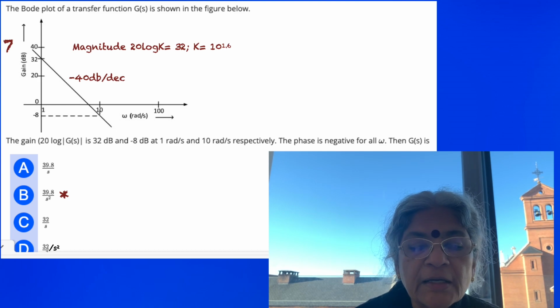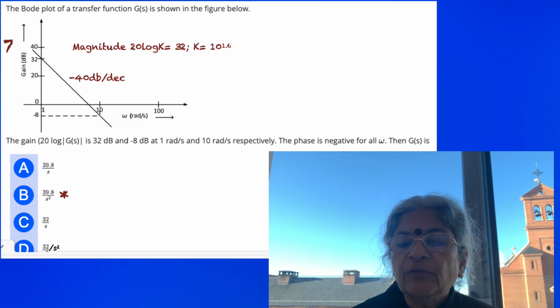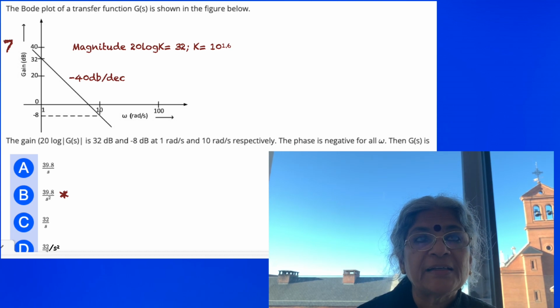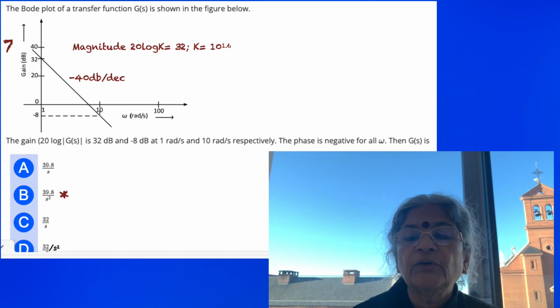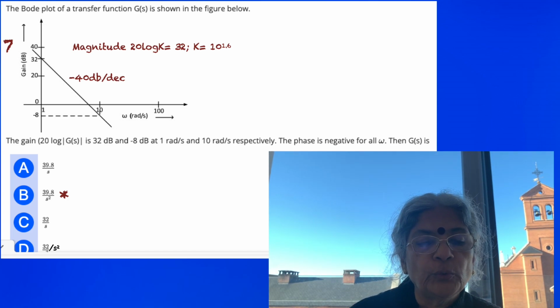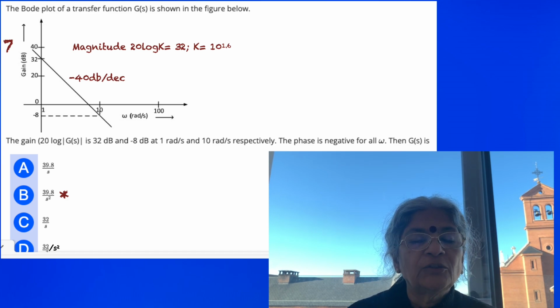And what is asked is, if the phase is negative for all omega, then what is G(s)? Since the slope is minus 40 dB per decade, we have an s square in the denominator, and we also see that k is equal to 10 raised to 1.6. So 10 raised to 1.6 is near around 10 raised to 2, so we can go with any of the values near to that.